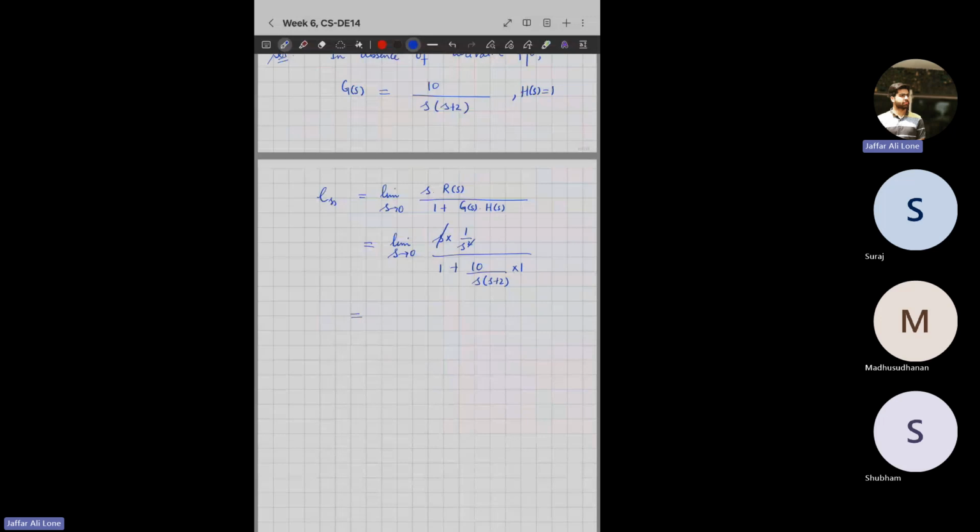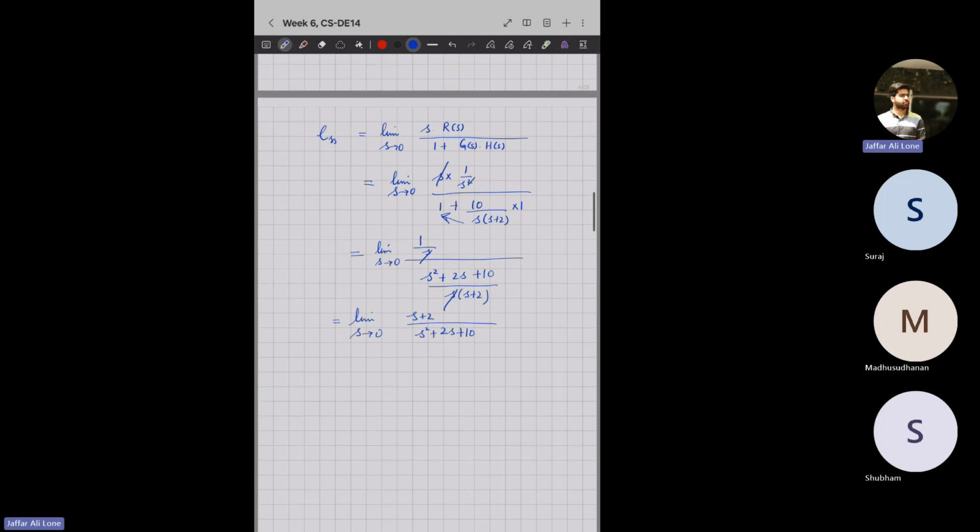The calculation is somewhat similar to what we did in the previous question. It will be 1 by s whole divided by, I'll just do this cross multiplication, it will be s square plus 2s plus 10 divided by s into (s plus 2). This s and this s goes. We get limit s tends to 0, (s plus 2) divided by (s square plus 2s plus 10).